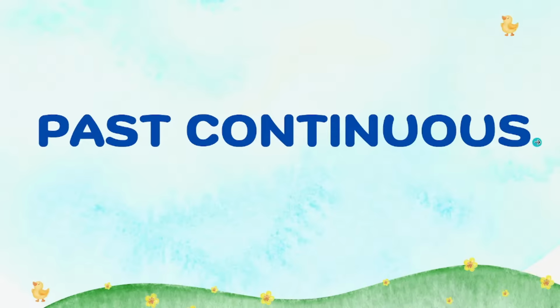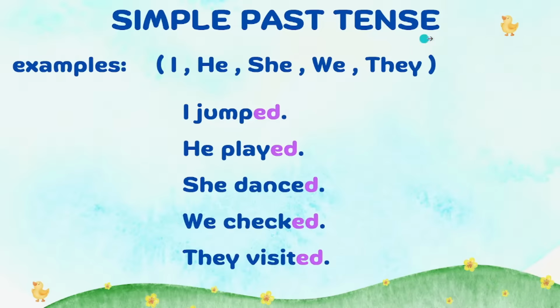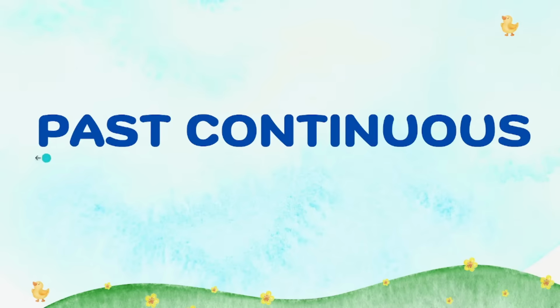Alright. So, if we have simple past tense, we also have past continuous. It happened already, but it's still continuing. That's continuous.